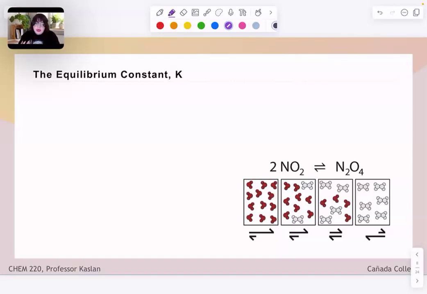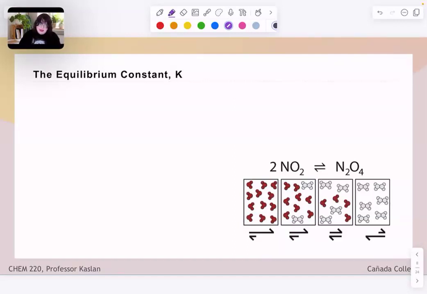So how do we quantify, meaning use numbers, to describe a system at equilibrium? What is the means that we have available to us to numerically express something that's happening at equilibrium?